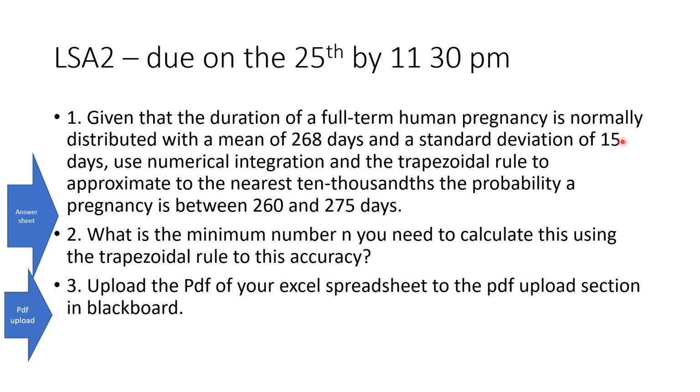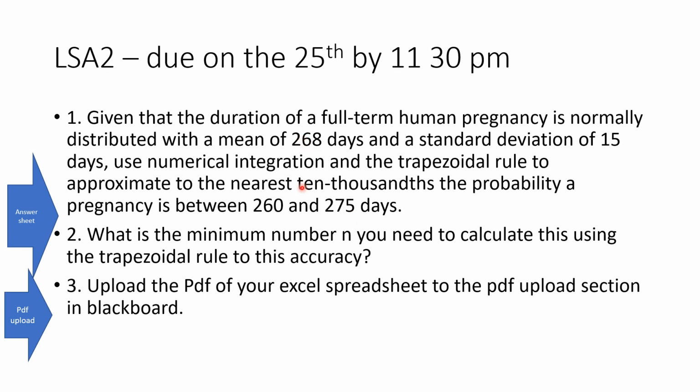I'm telling you this is something that we know in the problem. I'm asking you to use numerical integration and the trapezoidal rule to approximate, to the nearest ten-thousandth, the probability of a pregnancy being between 260 days and 275 days.